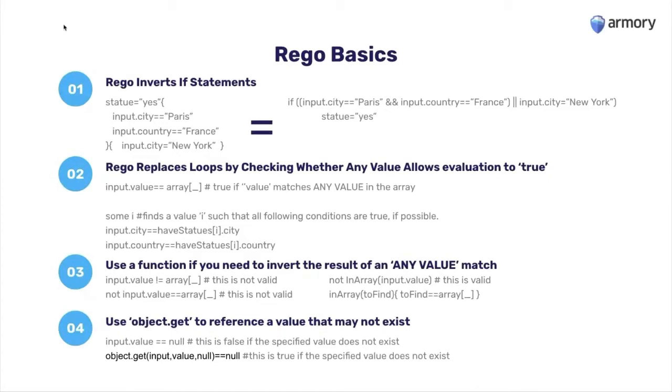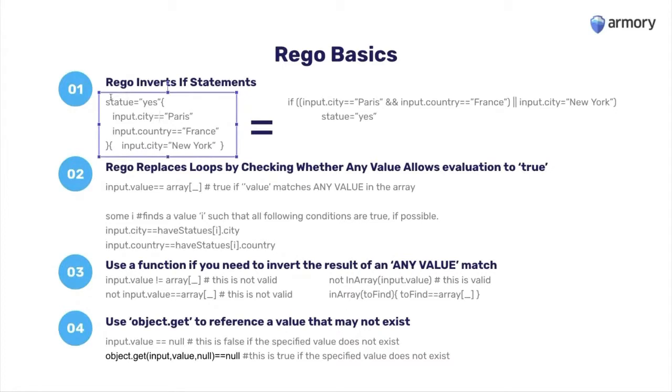The first thing I want you to know about Rego is that it uses a different structure for its if statements than any other language I've used in the past. Instead of having if, then the condition, and then the statement that happens if that condition's true, it reverses it. It starts by putting the statement that is only evaluated if the condition's true, and then it puts the condition in your curly brackets.